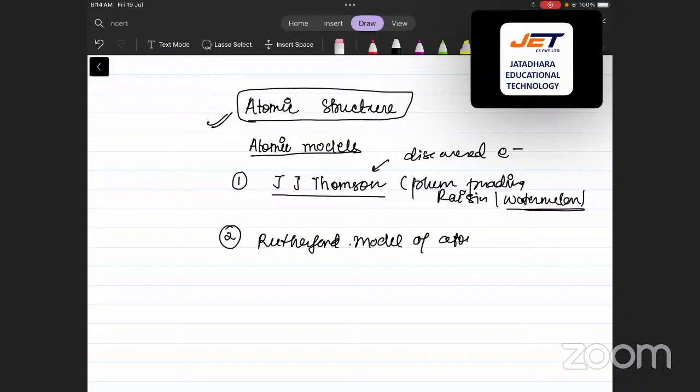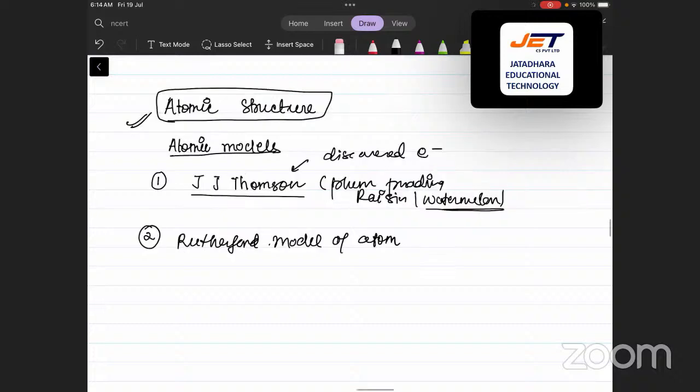Now let's take a quick look at the picture of how he imagined the atom. For J.J. Thomson, the atom would be like this: you have a positive matrix which is distributed all over the atom, and on that we have the electrons embedded in this positive matrix. So this is the picture of the atom according to J.J. Thomson. What about Rutherford?